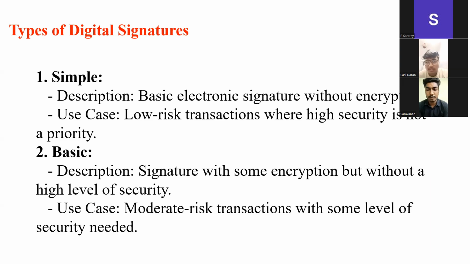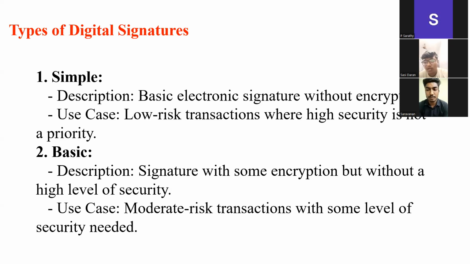Types of digital signature. Simple and basic. Simple: the description is a basic electronic signature without encryption. The use case is low-risk transactions where high security is not a priority. Basic: the description is a signature with some encryption but without a high level of security.